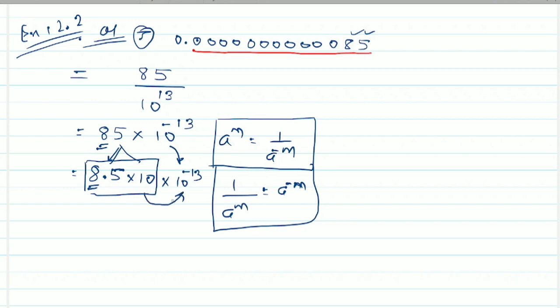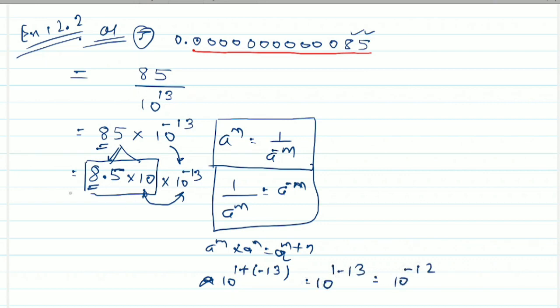Now these two terms, 10 and 10 raised to minus 13, have the same base and there is multiplication, so we'll add the powers. So it will become 10 raised to power 1 plus minus 13, that will be 10 raised to power minus 12. So it becomes 8.5 into 10 raised to minus 12.